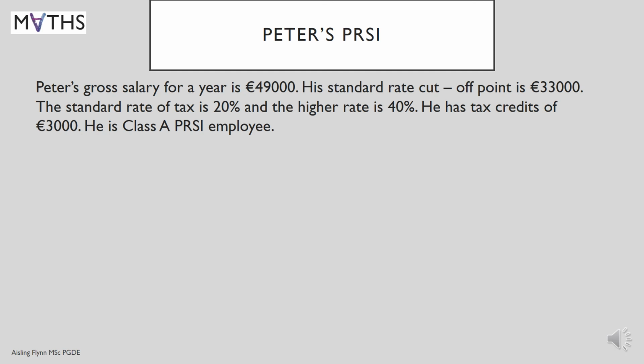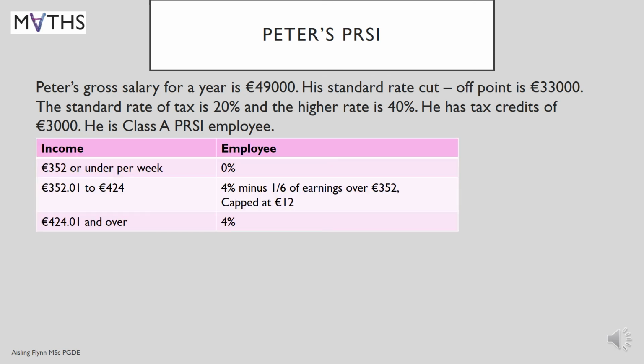Peter's PRSI: you're told he's a Class A PRSI employee. He earns 49,000 per year. To do a quick check, I'm quite sure he'll be in the upper bracket. To check which bracket he's in, let's do 49,000 per year divided by 52 to find his weekly amount. As expected he's way over the threshold of 424.